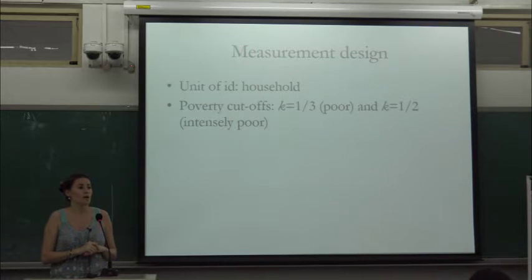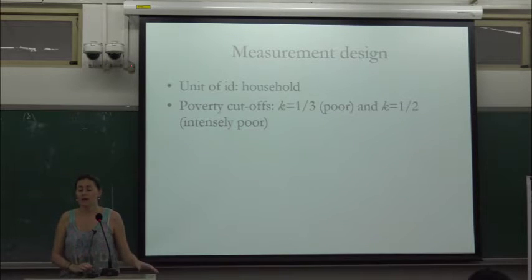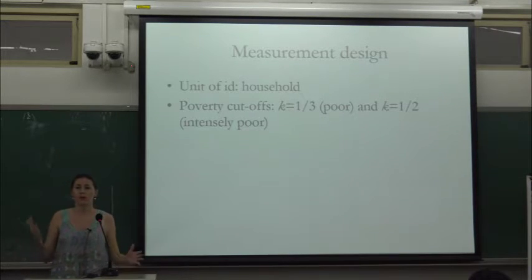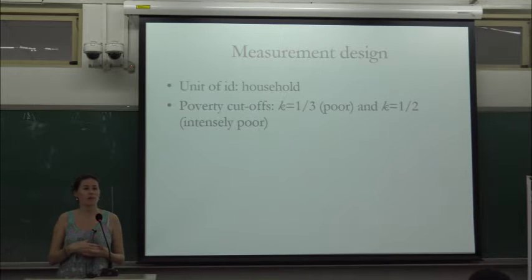In terms of the K value that they decided to use, because they are using 3 dimensions that are equally weighted, they decided that the basic K value, the one that would identify people as being multidimensionally poor or not, would be equal to 1/3. So basically, you need to be deprived in what would constitute a whole dimension to be considered multidimensionally poor, or a combination of indicators from different dimensions that would eventually lead to being deprived in at least 1/3 of the indicators.